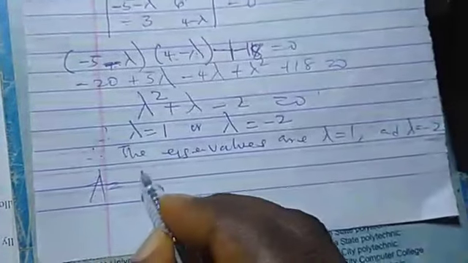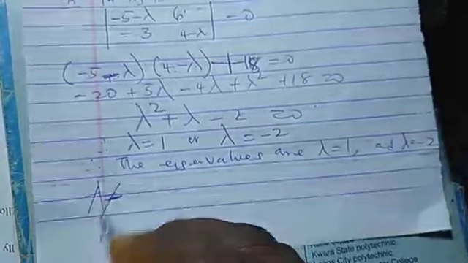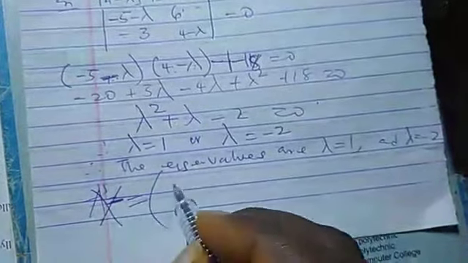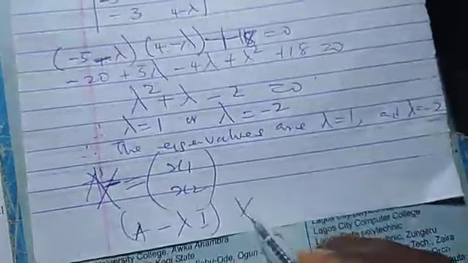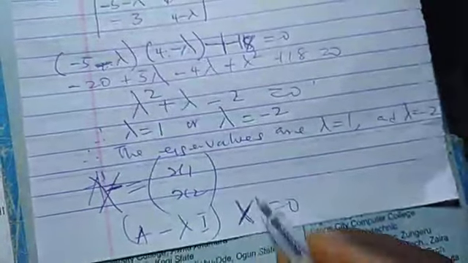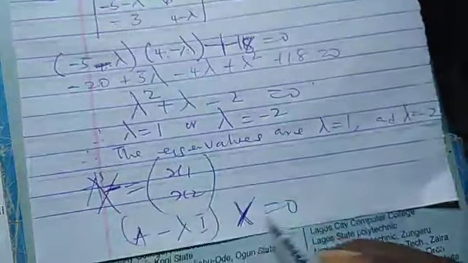Now, we are finding the eigenvectors. So the eigenvectors will be this. X, I will write it as S1, S2, is our eigenvector. Then I will use the formula A minus lambda I times X equal to 0. From the definition of eigenvector, you can rewind and check.